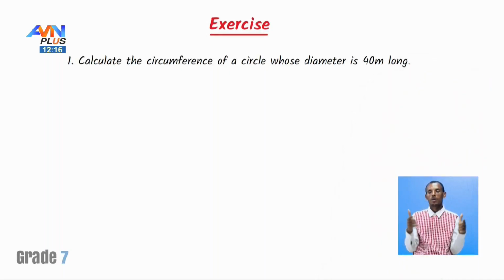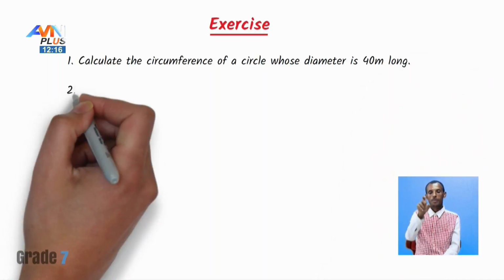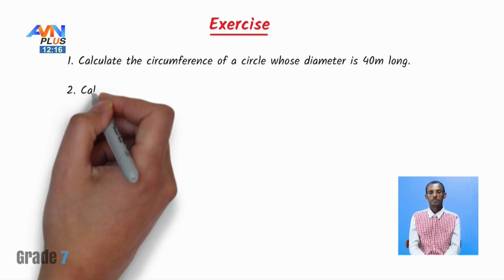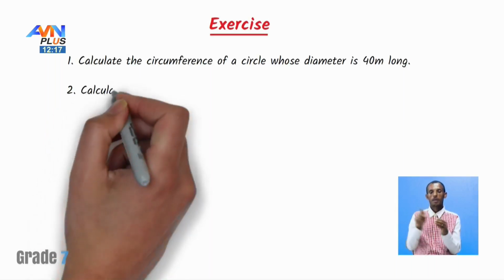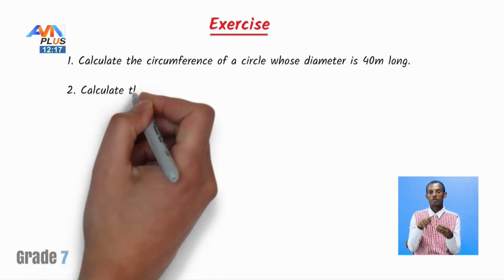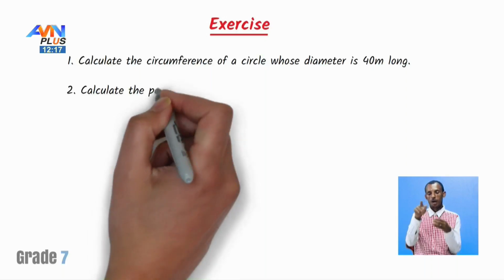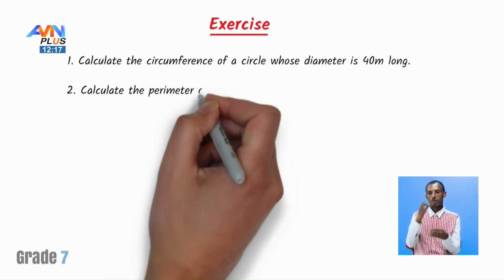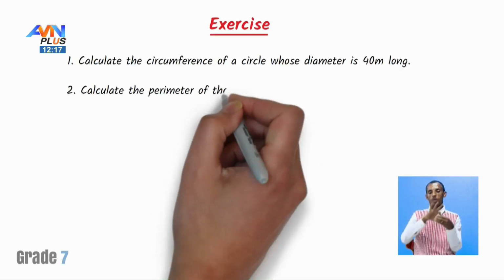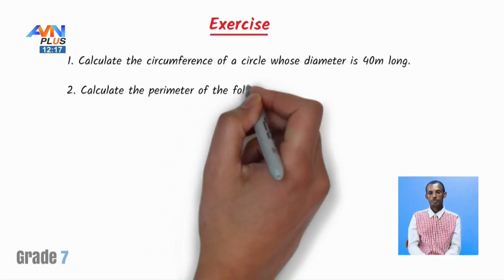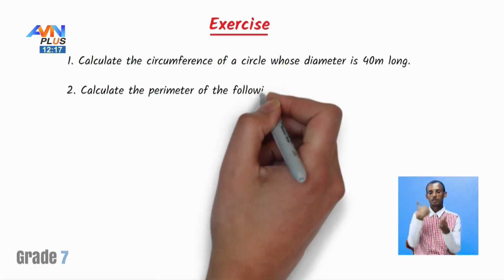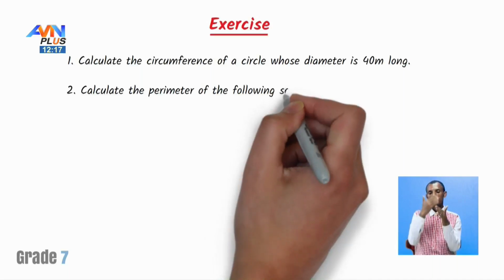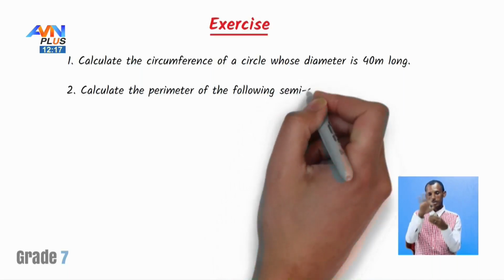Second question. Calculate the perimeter of the following semicircular region.